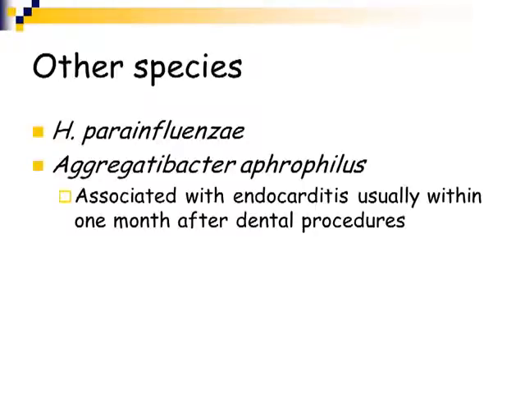But in an immunocompromised individual or an individual with a heart condition, they may not be able to remove these organisms from the bloodstream. If they get into the heart area, they can latch onto the heart valves and cause endocarditis. So that's why a lot of individuals that have heart conditions have to go on prophylactic antibiotics prior to any dental procedures.